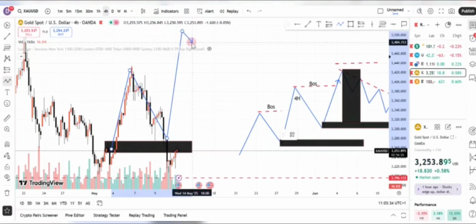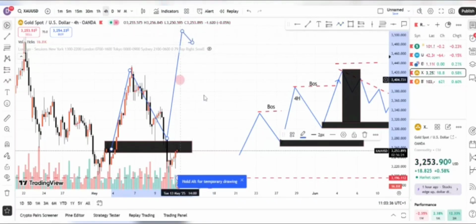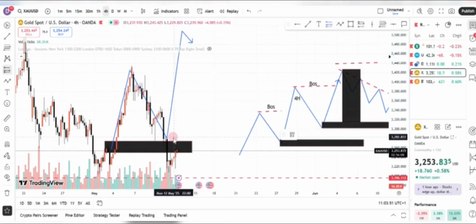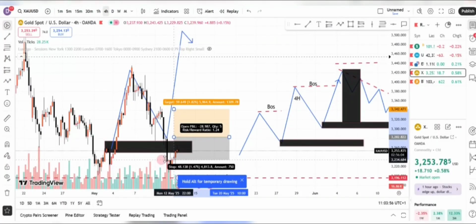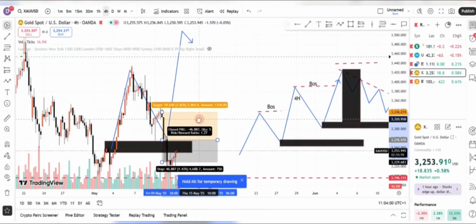Let me explain something to you. Before price got to this level, you have already analyzed the market just like me, and you've put in your entry. I'm not teaching any set entry model, right? I'm just explaining to you how price works.